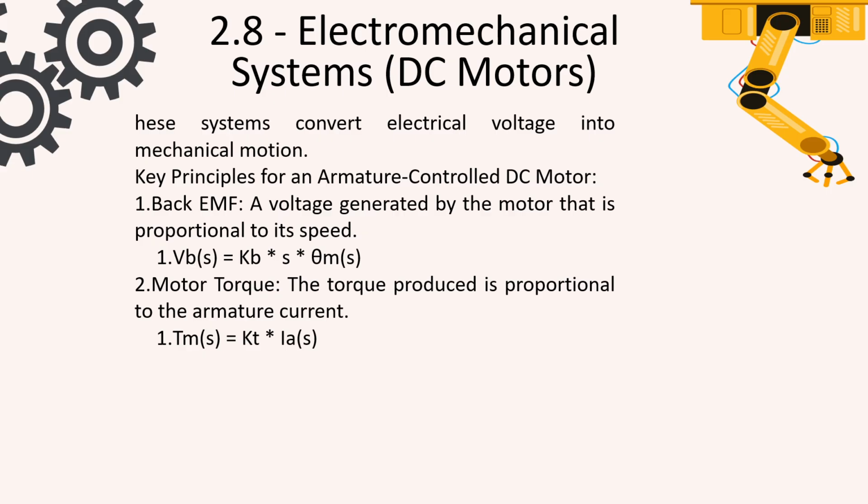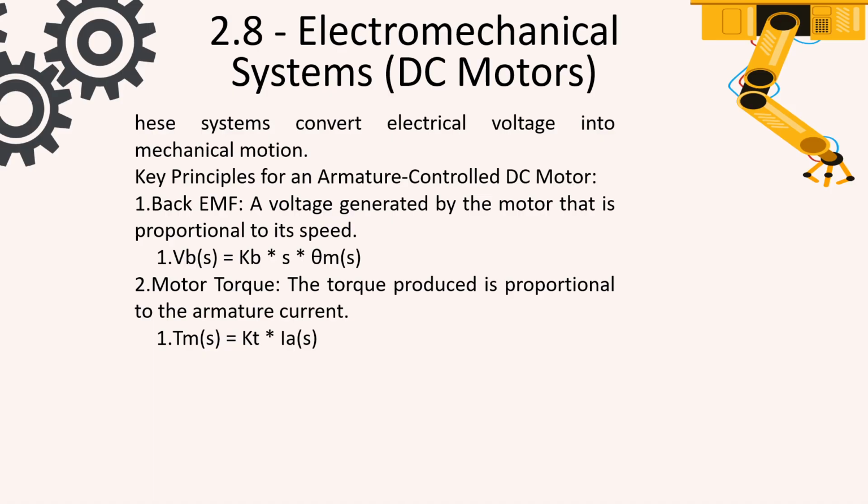Section 2.8 brings the electrical and mechanical worlds together in electromechanical systems. Using the armature-controlled DC motor as the prime example, these systems are designed to convert electrical voltage into mechanical motion.